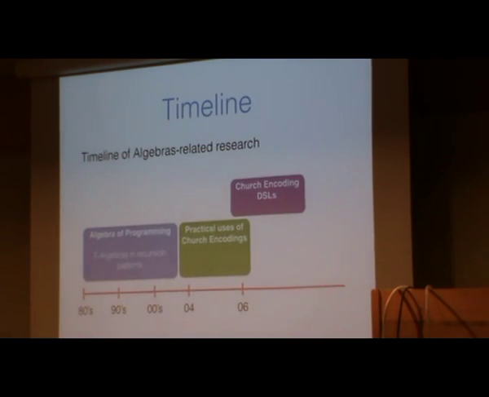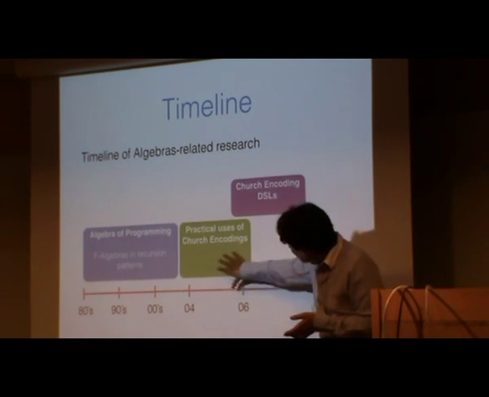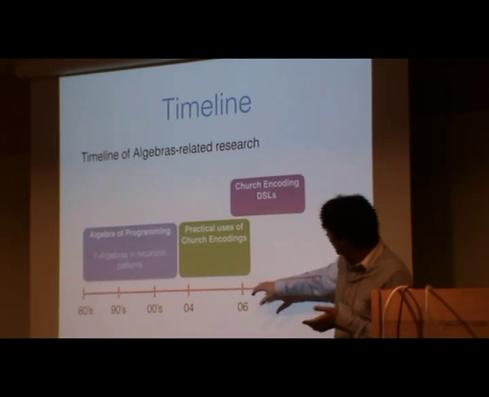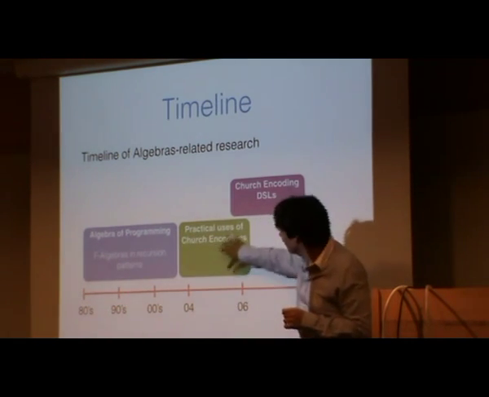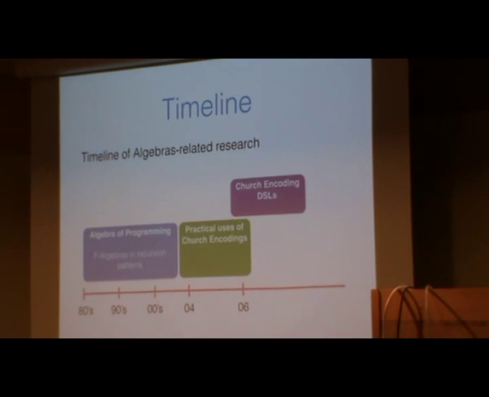So we step a little bit, and we come now to maybe 2006, 2007. We saw that in Haskell, the community was very interested in using these encodings because it allowed them to have a feature that they didn't have at the time, so GADTs.